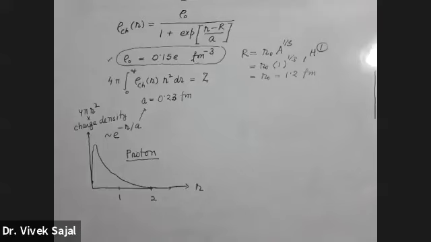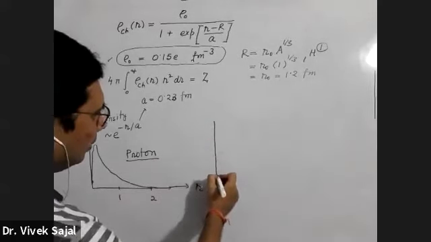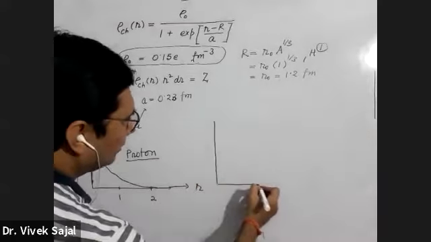If we want to know the internal structure, then an electron beam of GeV energy is incident on that nucleus, and from the scattering results we find this type of charge distribution inside the nuclei.